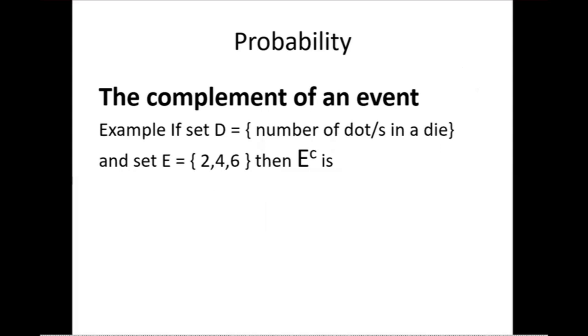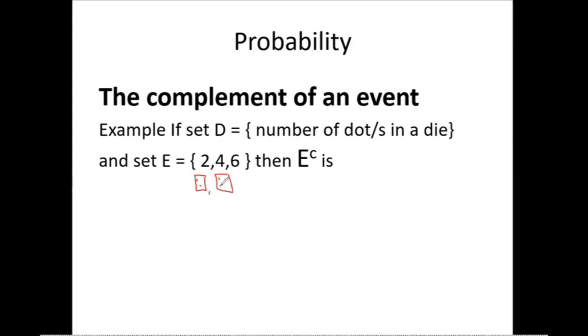Okay, for example, set D, that is the set of numbers of dots in a die, and the set E is yung set of number of dice such as 2, 4, and 6. Then, if we're going to look for the E complement, yung set E, tsaka yung complement ng set E. Ibig sabihin nito, itong 2, 4, 6, dito yung sa number of die.